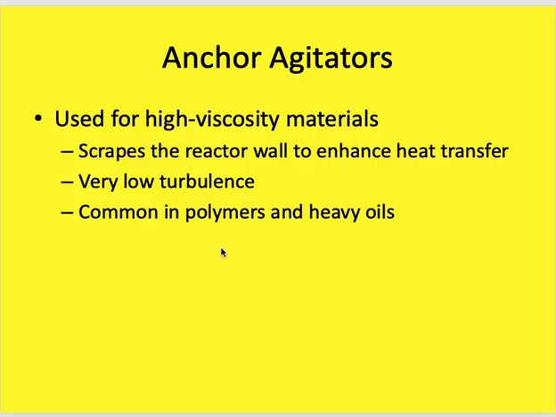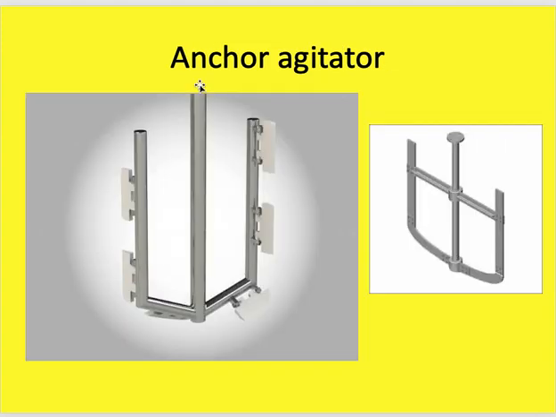The anchor agitator. The anchor agitator is used for high viscosity material. If you are working with some kind of polymerization, for example, and you need good mixing between the reactants, and there is a high viscosity inside your reactor, you can choose this anchor type. This is the anchor agitator, okay.